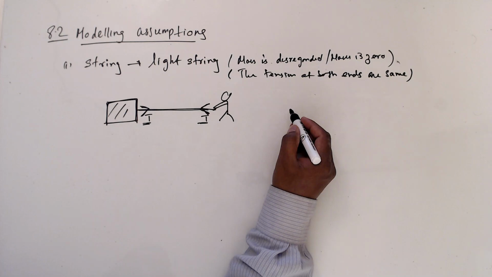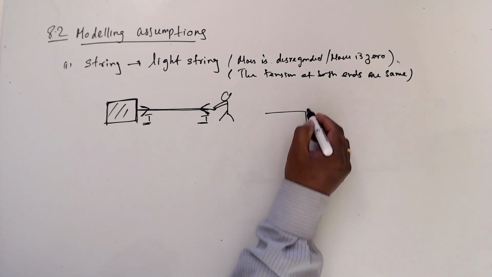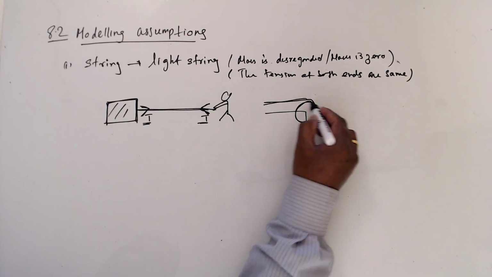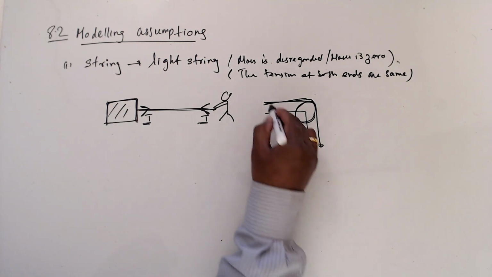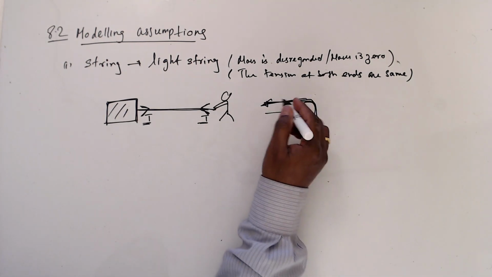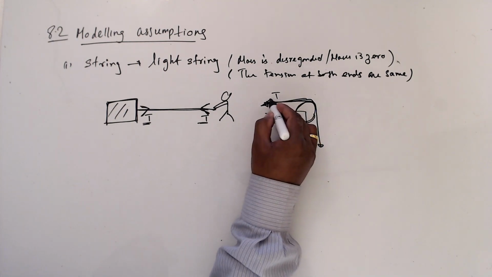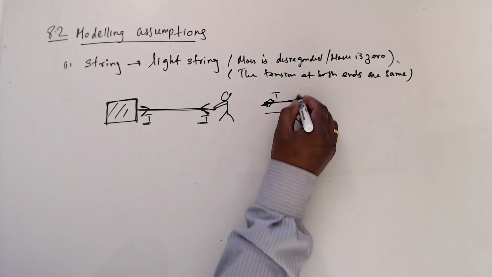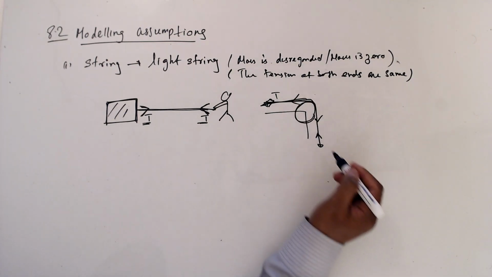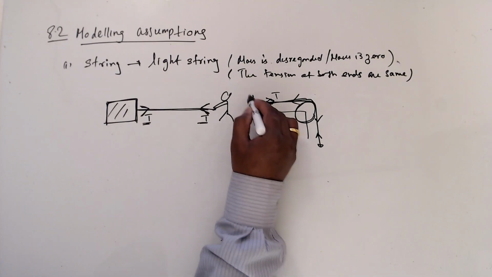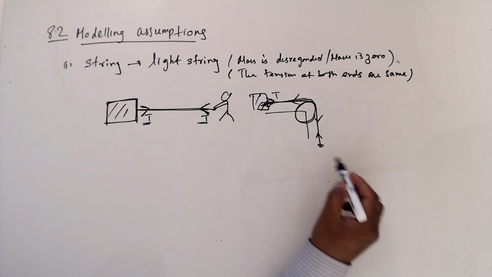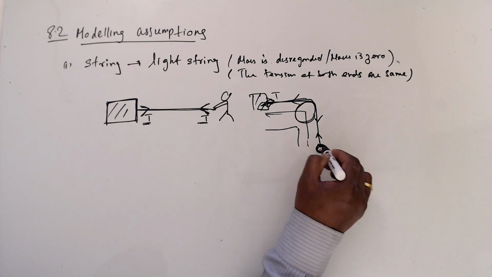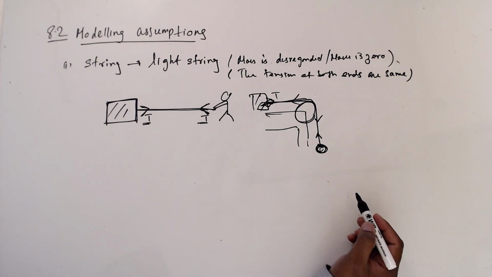Sometimes the string goes through a pulley. This is a small pulley, and then the tension is going to be the same. Maybe a mass is attached here on a table, and another mass, or a particle, is hanging like this.